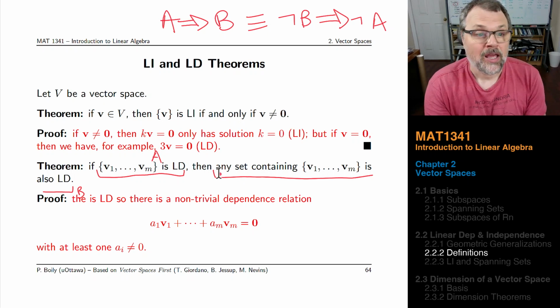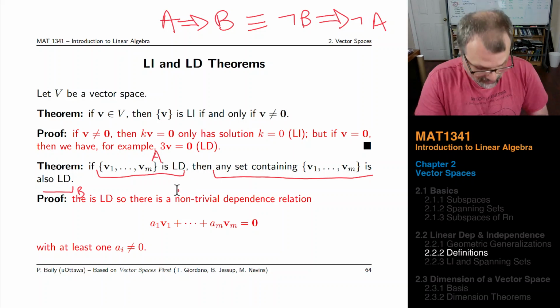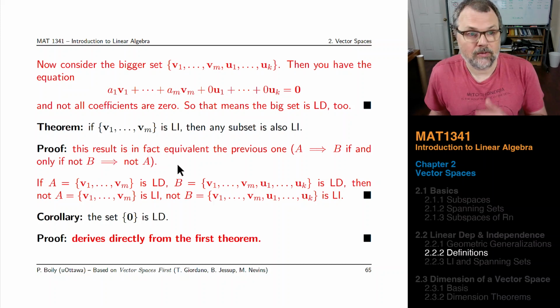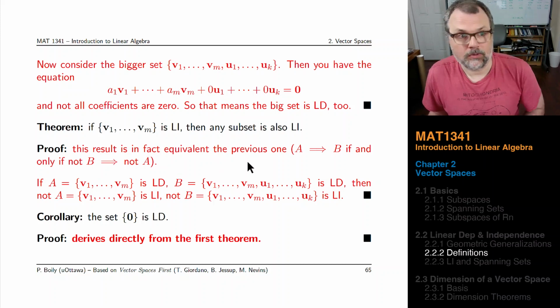It would look like if it is not the case that any set containing v1 to vm is linearly dependent, then not A, v1 to vm is not linearly dependent. That's exactly the same statement as the statement which is right here. I'll let you look at this.